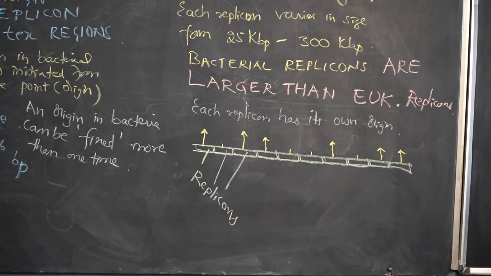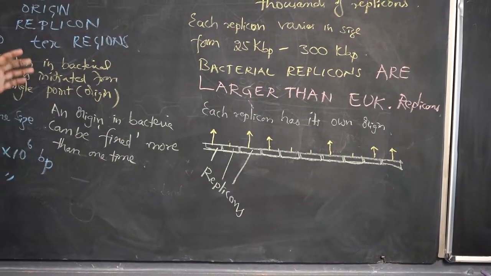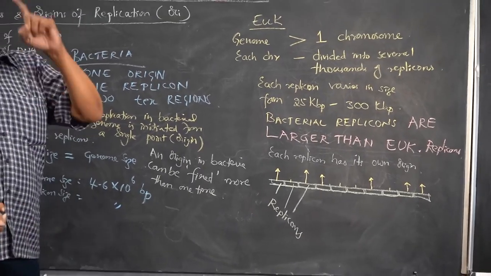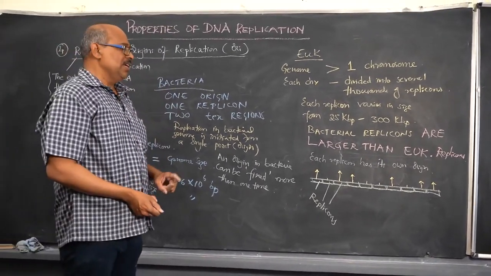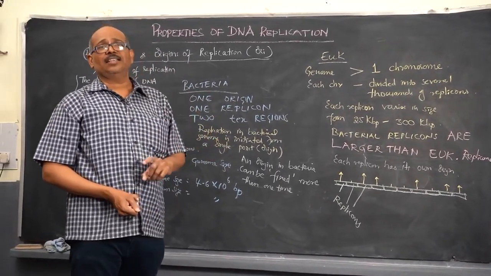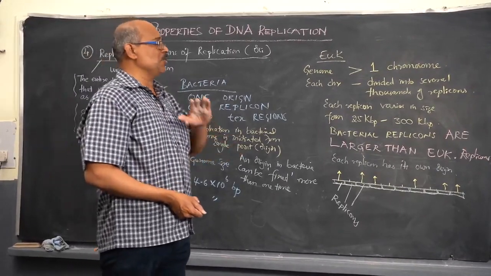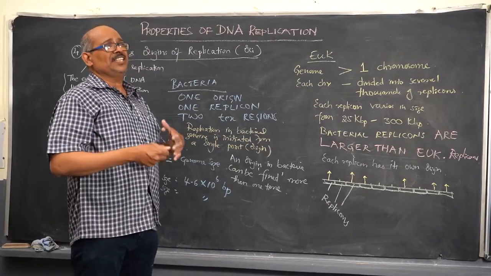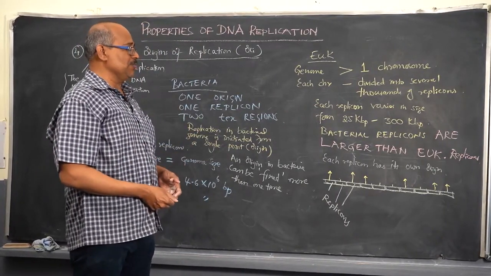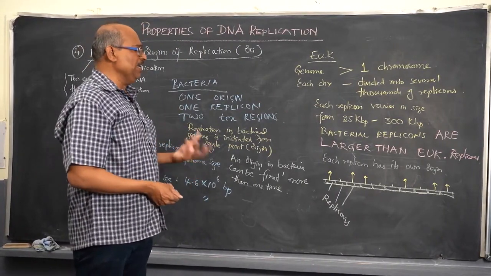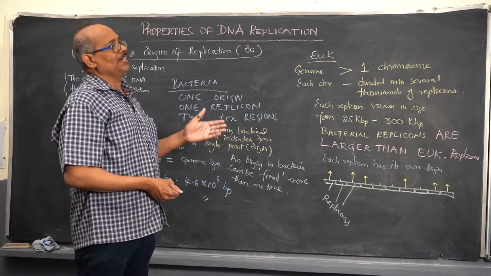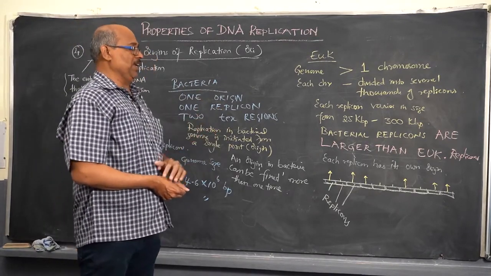So it's not that in the case of eukaryotes, all the origins have to be fired at the same time. Some origins fire; at least 10% of the origins will not fire in a given cell cycle. This is a sort of defense mechanism to make sure that if any replicon fails to undergo replication, the adjacent replicon can complete the process of replication.